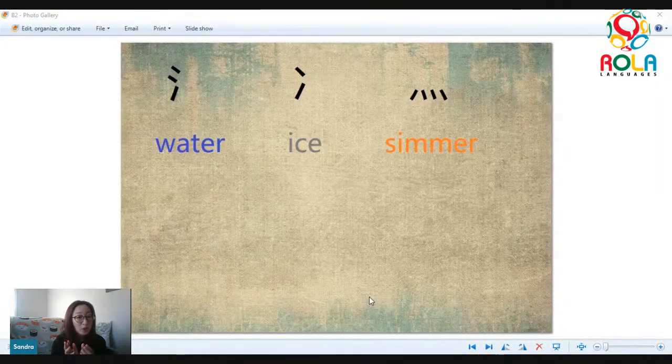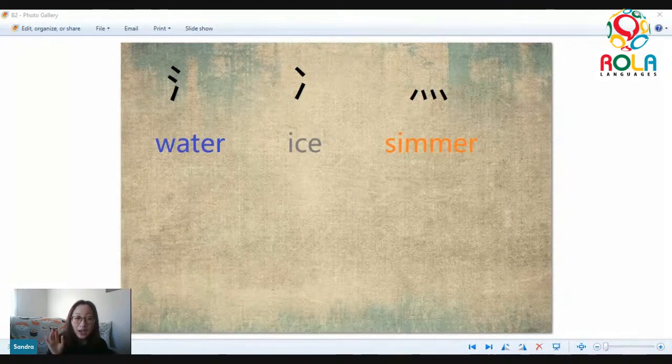It's usually like simmer. If you ever cooked a meal in your life, you know what I mean by simmer. Okay, so water, ice, simmer. Now that we have that knowledge, let's look at some 汉字, some Chinese characters using these several 偏旁, and then you see what that means.